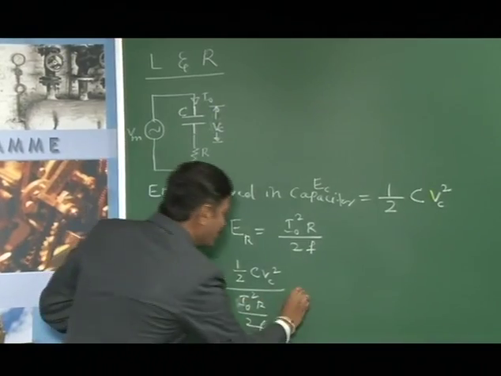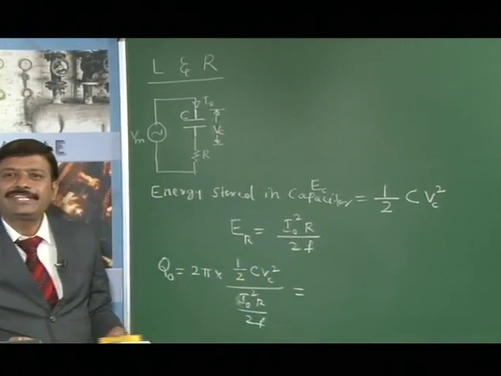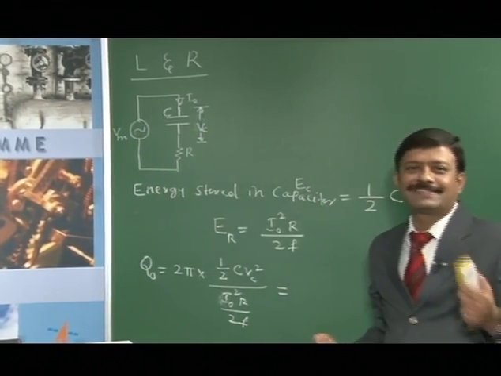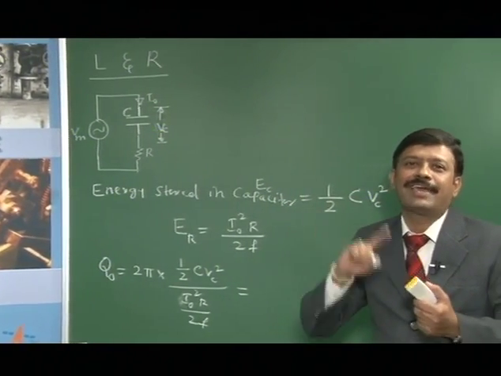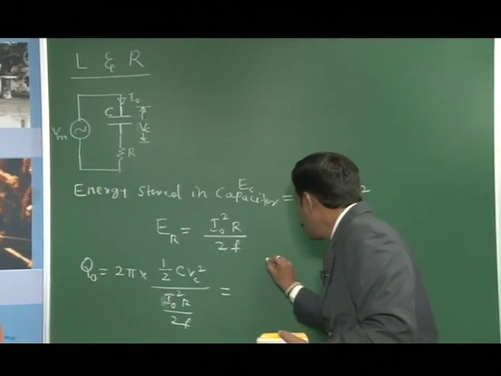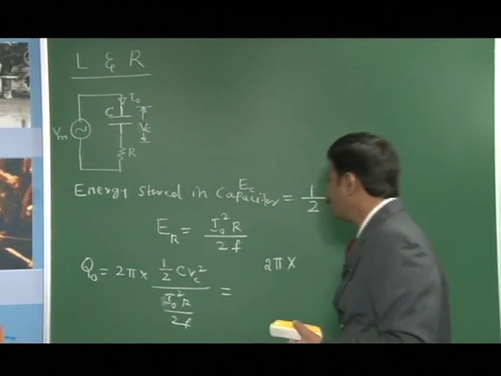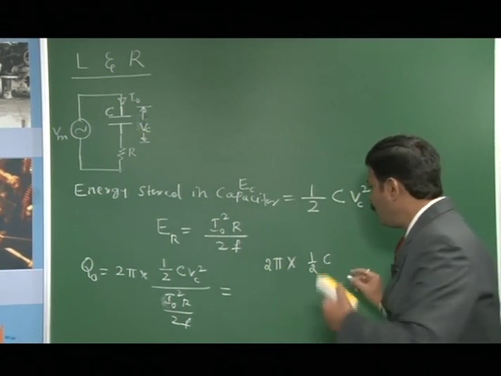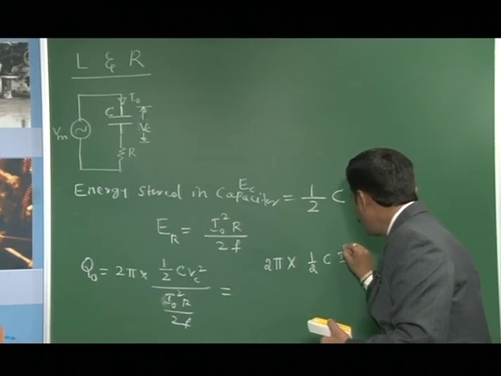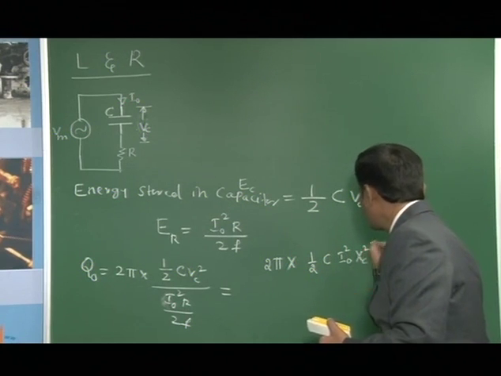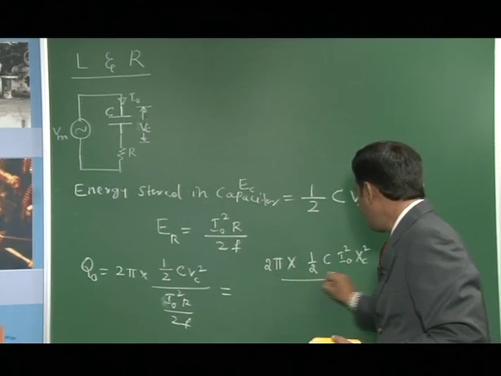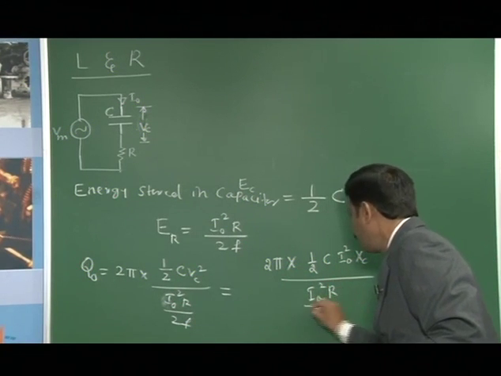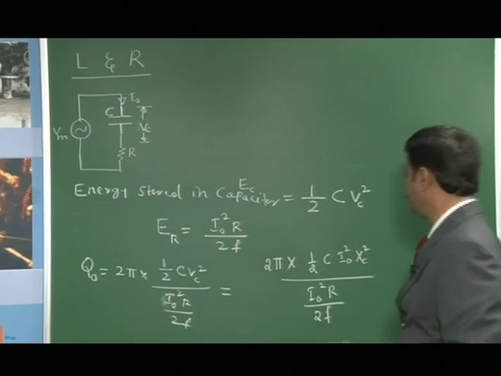Voltage across capacitor can be expressed as I naught XC, so Vc square is I naught square XC square. So 2 pi into half into C, keep as it is, I naught square XC square whole divided by I naught square R divided by 2F.